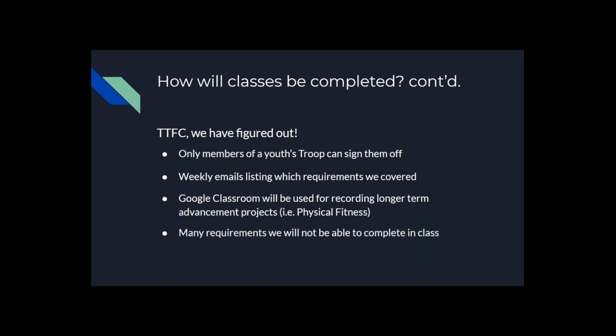There will be a number of requirements that we can't complete in class. For instance, I don't have the exact location of the requirement right here, but there is a requirement where you, in essence, have to complete your totem chip. You have to learn how to properly sharpen a knife, sharpen an axe and a saw, and learn the proper use and care of all those items.